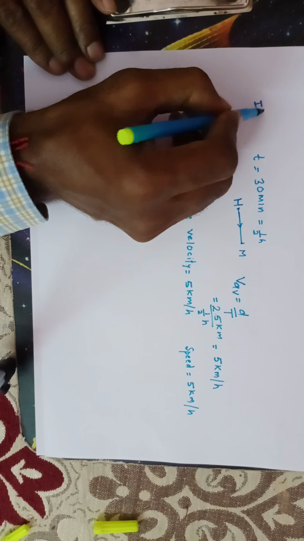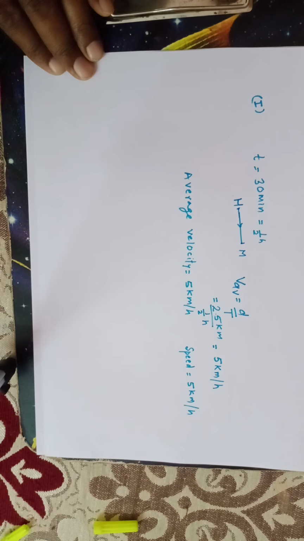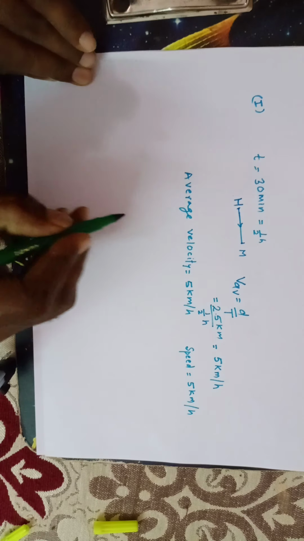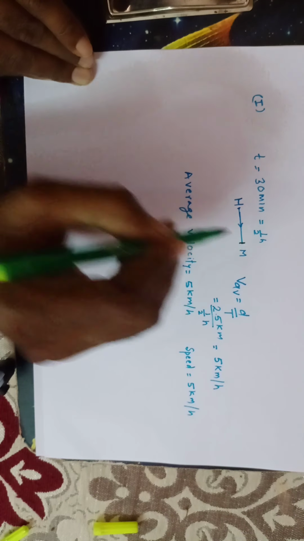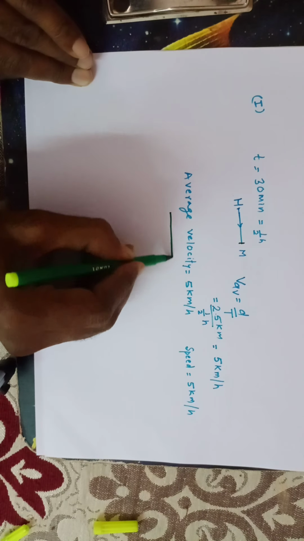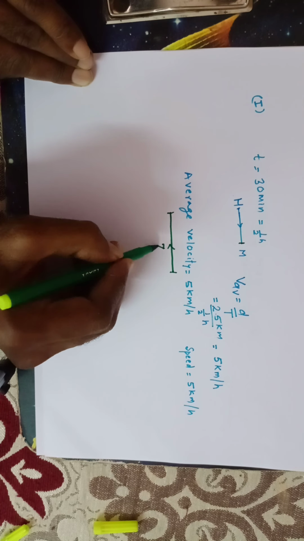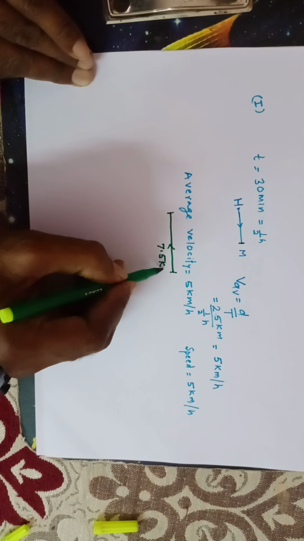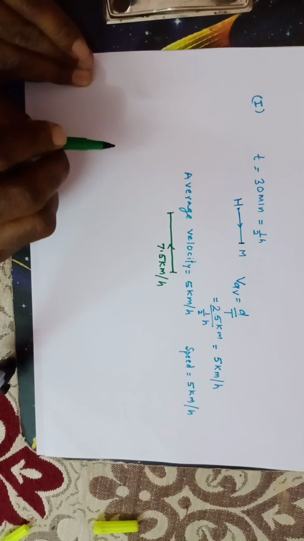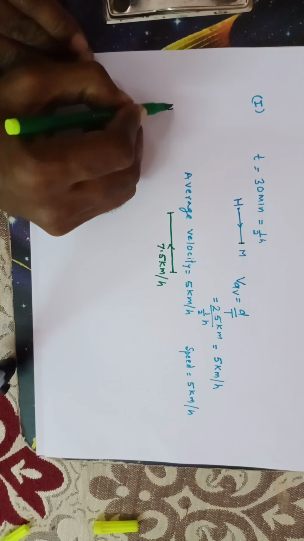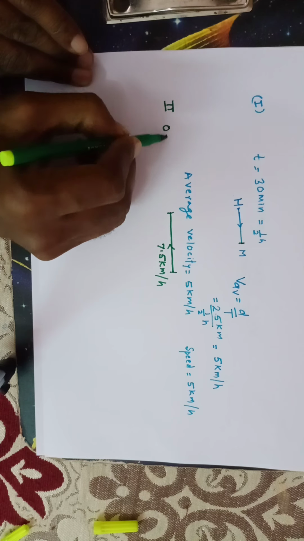So in the first case, no problem. Now what happened when he reaches the market? He returns back, so his speed is 7.5 km per hour. So this is the second case, 0 to 50 minutes.